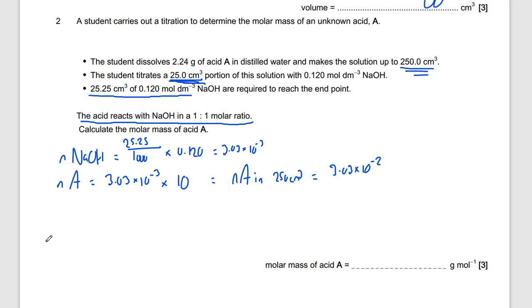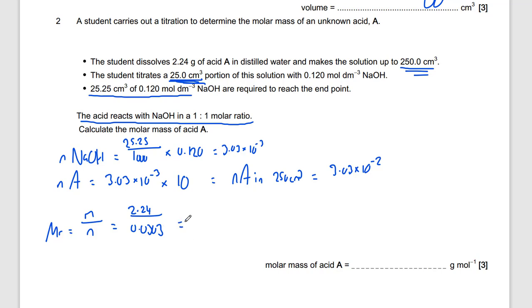So now it's a straightforward calculation. Molar mass equals mass over moles. We have both of these numbers. We have 2.24 divided by 0.0303. This is where I need to get my calculator out. 2.24 over the answer gives us a grand total of 73.9.